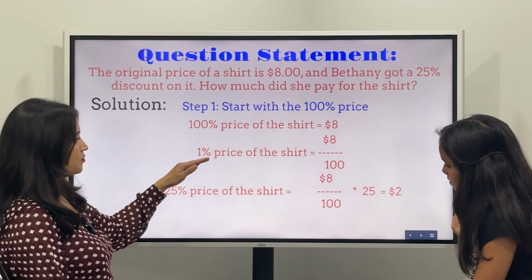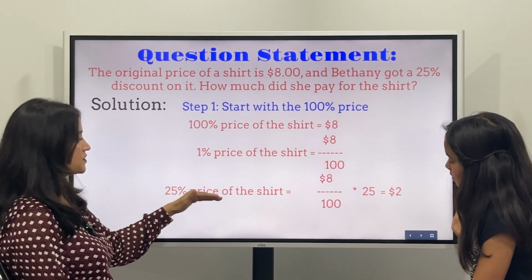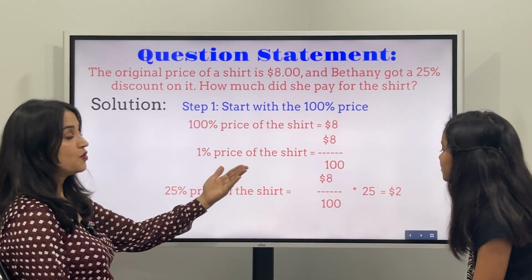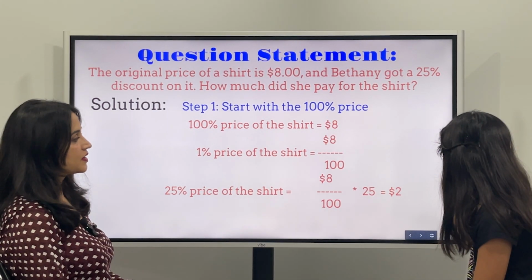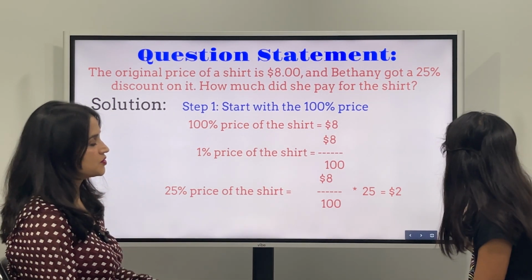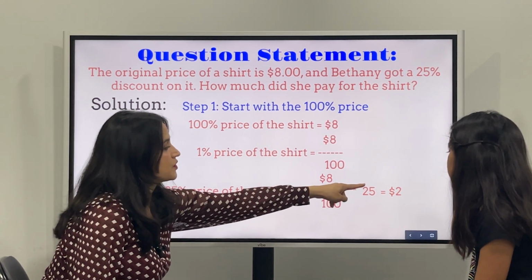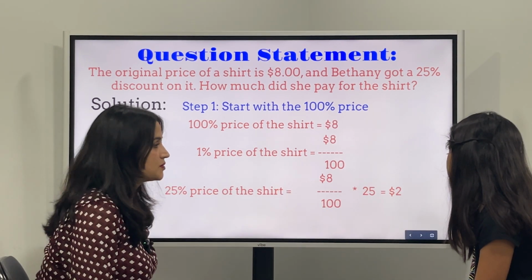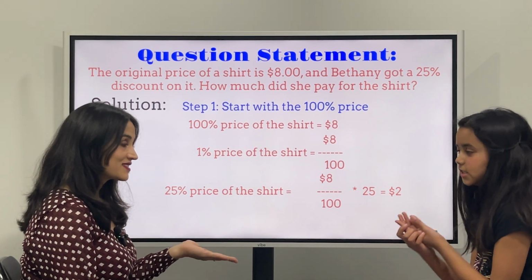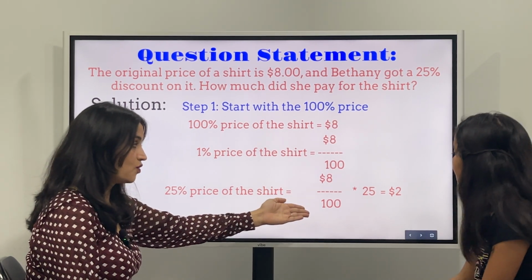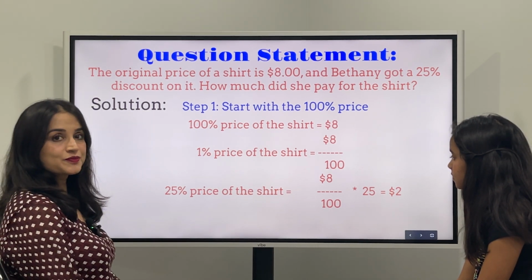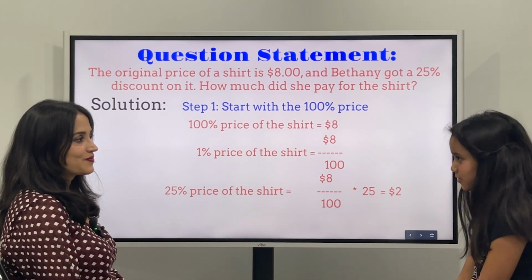Will 25% of the shirt be less or more than 1%? More, and more means multiplication. So 8 divided by 100 and times 25. 25 times 4 is 100, so this is 4, and 8 divided by 4 is 2. So the answer is 2.